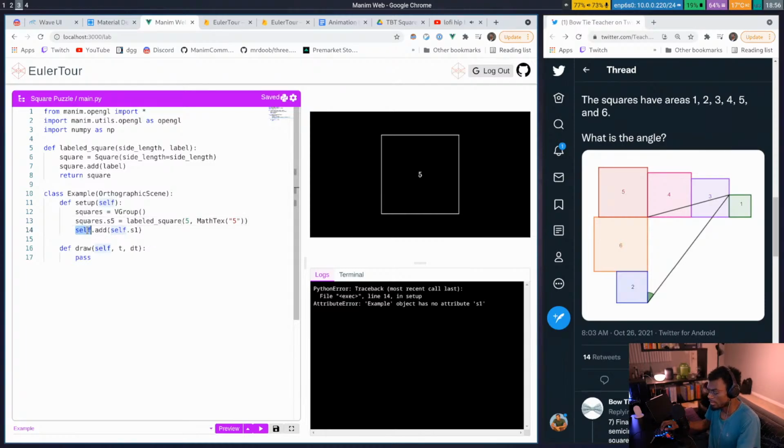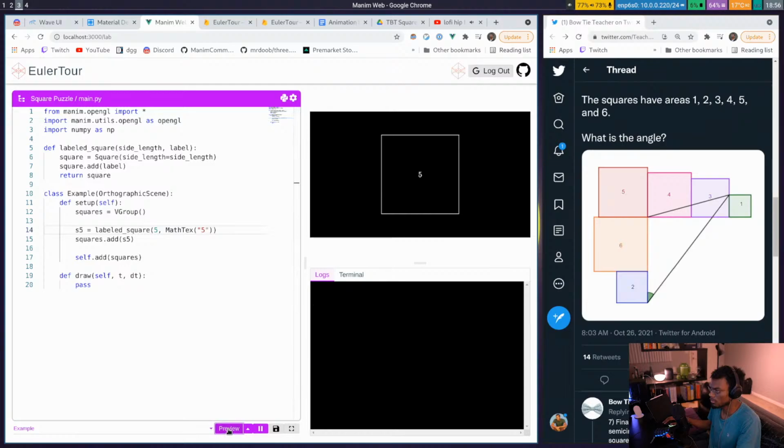And then squares that add that. Actually, I don't even have to do that much. It doesn't have to be squares.s5. This can just be s5. Add s5 like this. Self.add squares. Okay, so I think this is working properly.